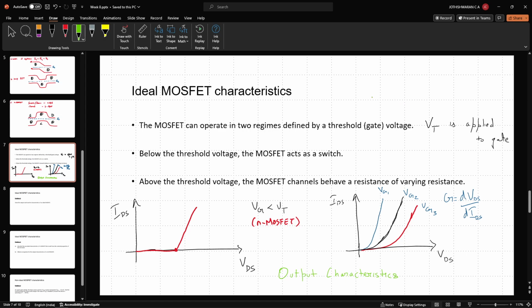If I look at any 3-terminal system and I have a gate on top of this, so this is G, then VDS versus IDS is the input versus output. So that is referred to as the output characteristics.